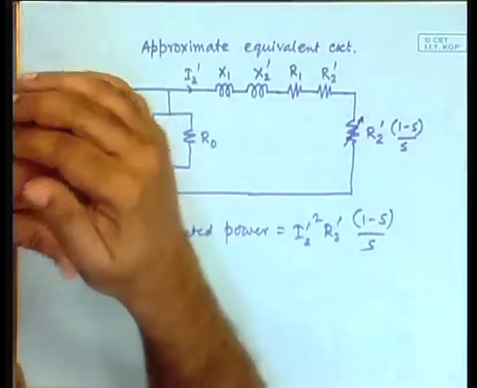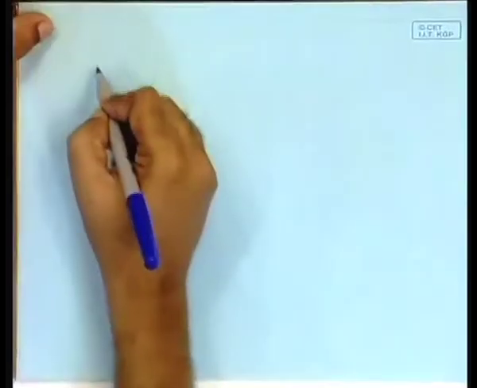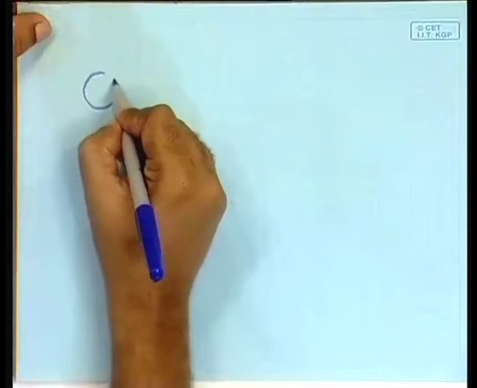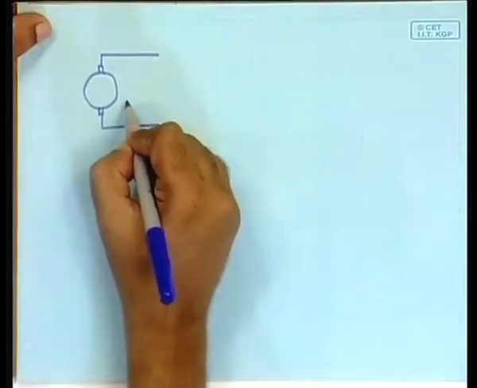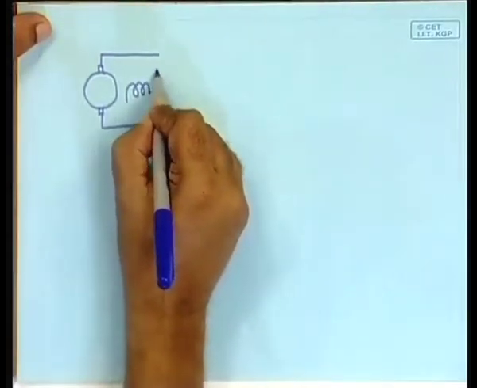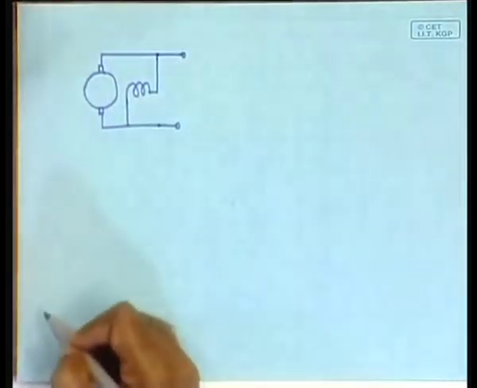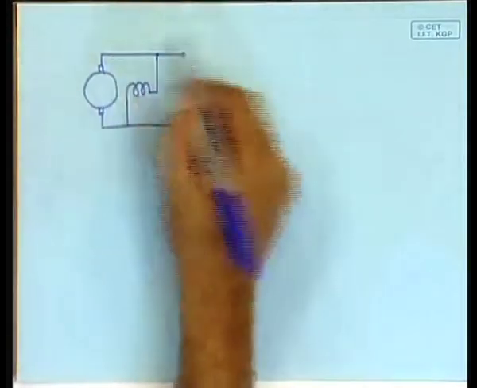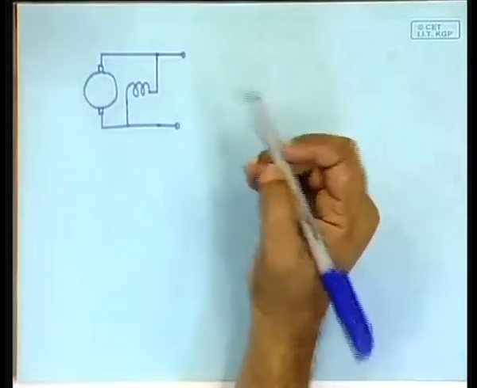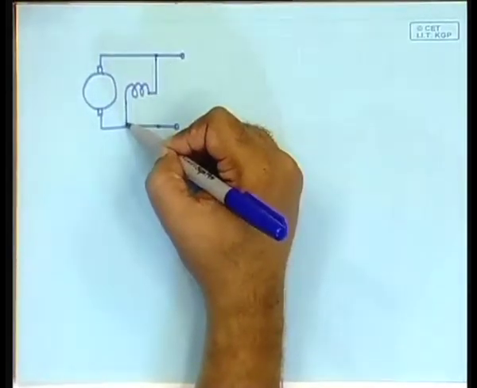You remember when you studied the DC machine, let me draw the DC machine once. Say you have a shunt machine, and this had to be shunt connected, and you had the supply. Normally you will have to give the supply to the field, rotate it, and then the voltage is generated. But you have already learned that if you do not have the external supply to connect the field, it can still generate.